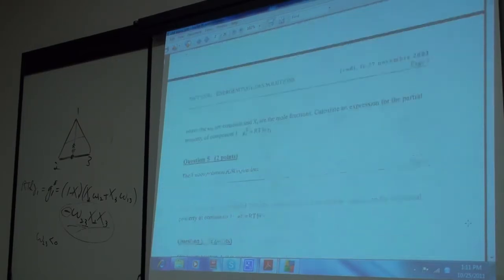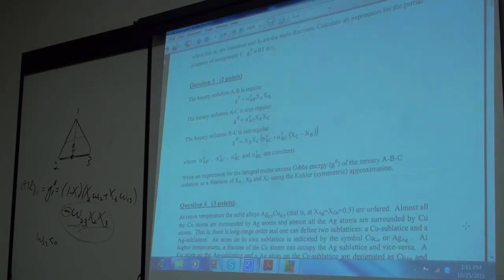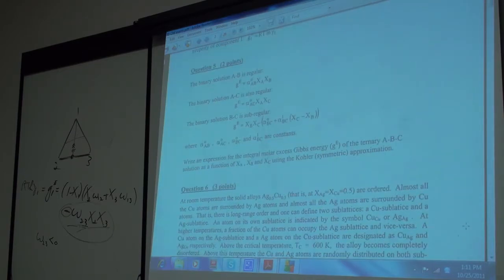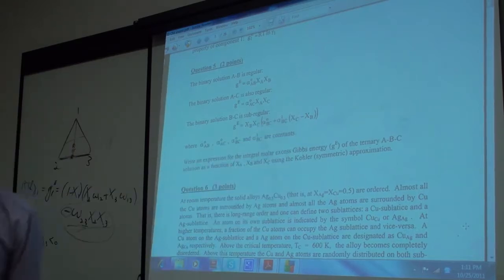Question 5, very similar. You have a ternary solution with two regular binaries, AB and AC, and the binary solution BC is subregular. Subregular means you have a linear term as well as the constant term.